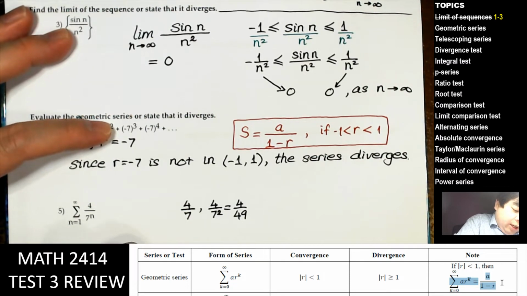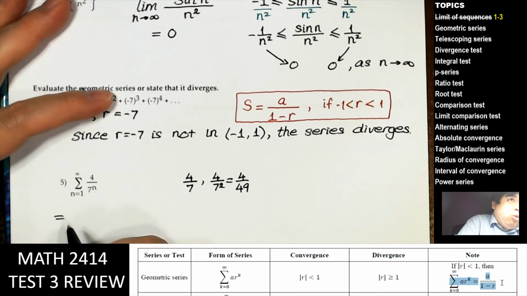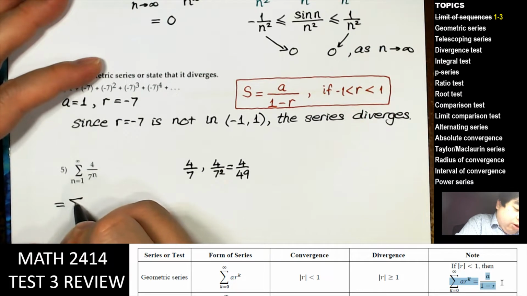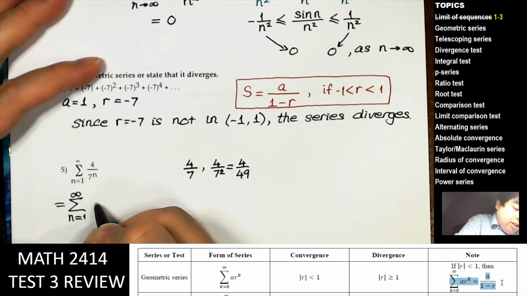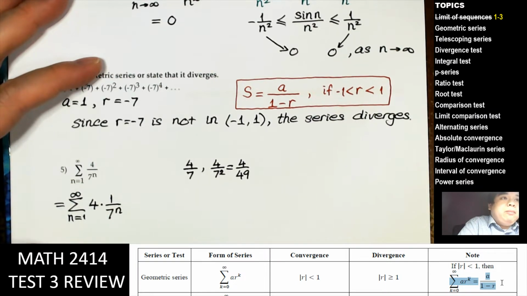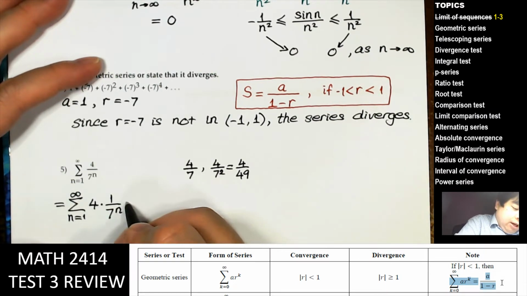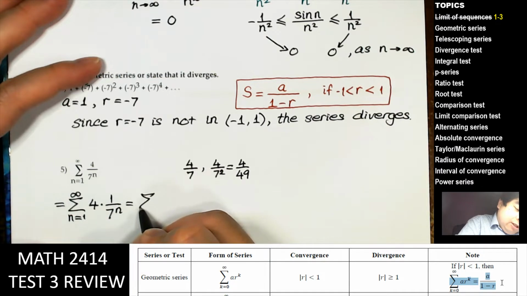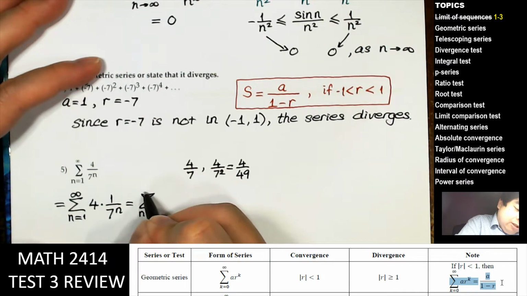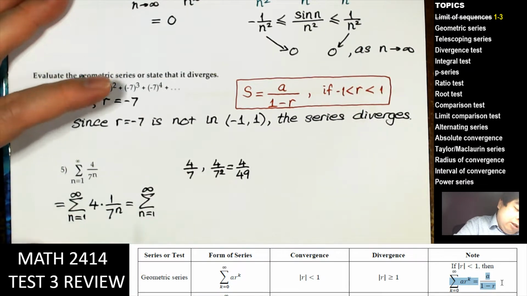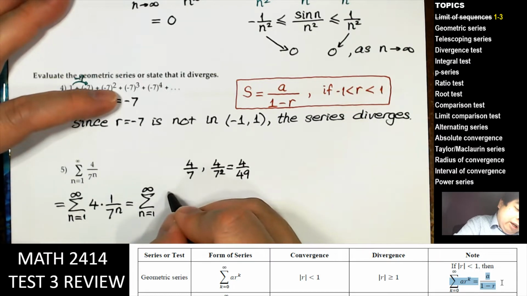Actually, I will rewrite the series as follows. Put the 4 here and 1/7 to the n power. And after that, I can put all of the 1 and 7.